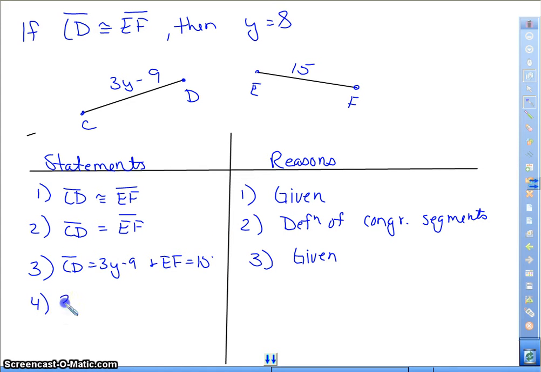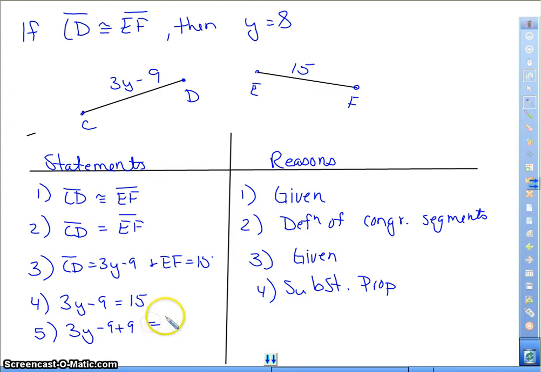So by substitution, I can say 3y minus 9 equals 15. Now I'm solving because I want to show that y equals 8. So I'm going to add 9 to both sides, and that's my addition property of equality. And then I'm using my substitution to show that 3y equals 24.